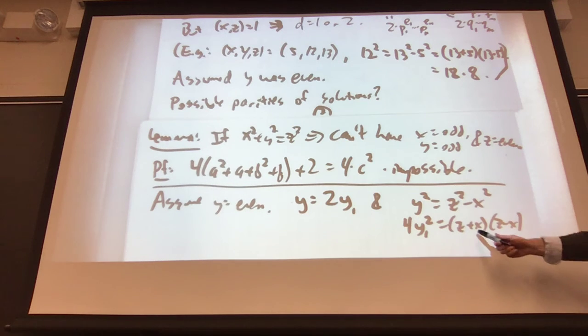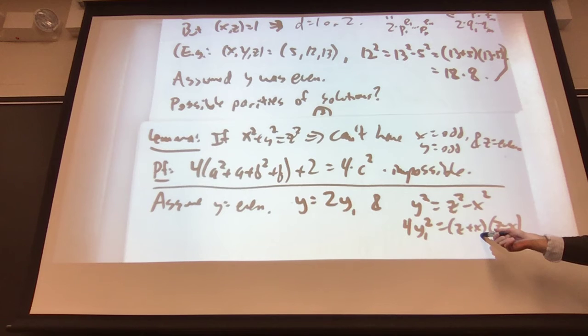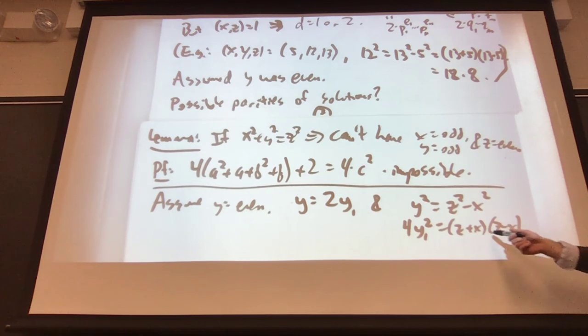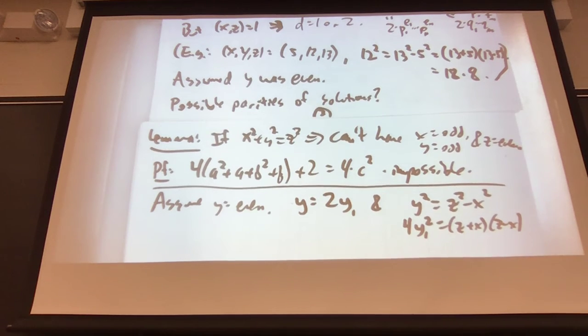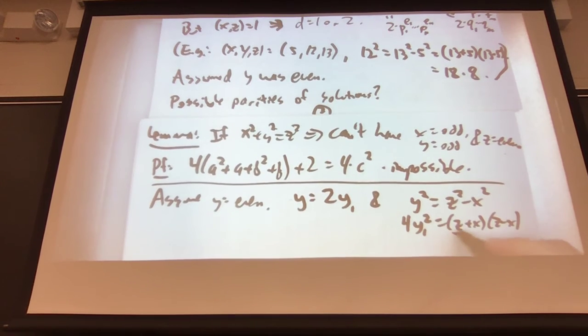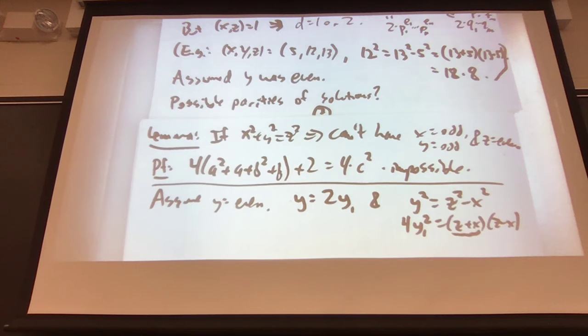All right. Remember, x and z are both odd. So x plus z must be even, and this must also be even. So let's give these names. What should we call this even number? 2r. Let's call this 2r. And let's call this something.